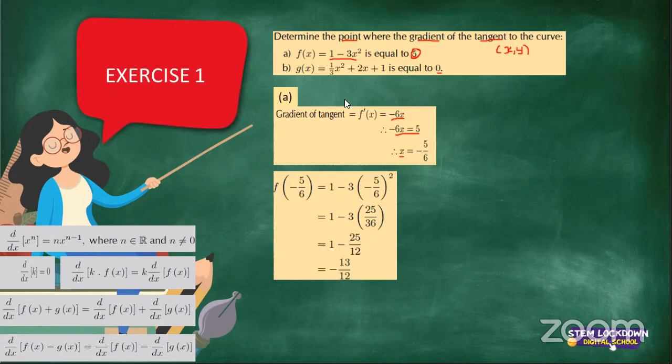Okay, so please be careful about the equation that you use. If you're using the equation of the derivative, you find the gradient. Okay, but then if you're using the function, you're calculating the corresponding value of y. Okay. And then you substitute your value of x into your original equation, then you solve, and then you get your point.